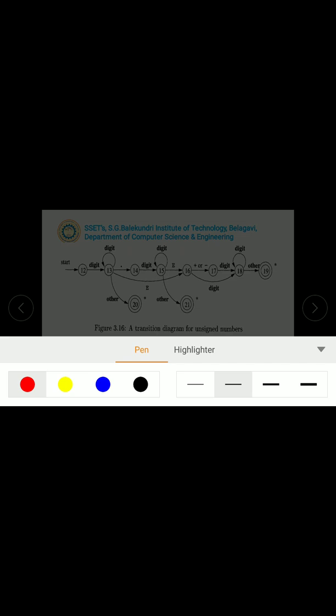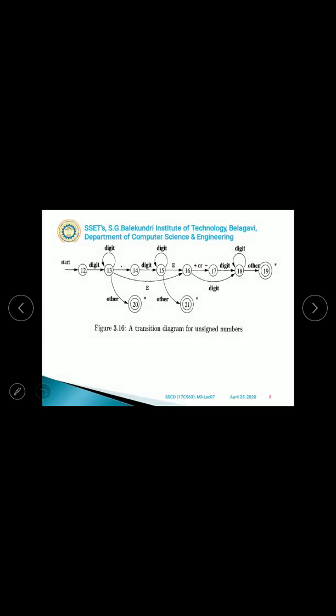Now here if it is purely an integer number, for example 1, then it comes from state number 12 to 13, and after that if there is a space or something else, then immediately it comes to state number 20. So now just see here, I am going to accept a certain number, that is 1.